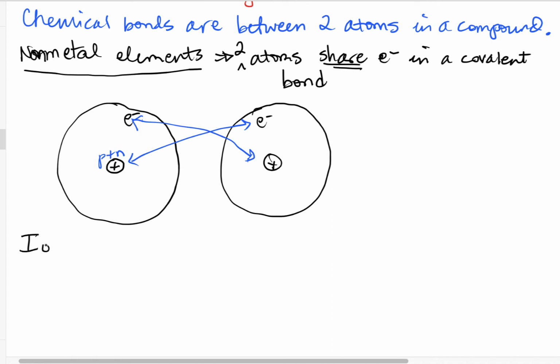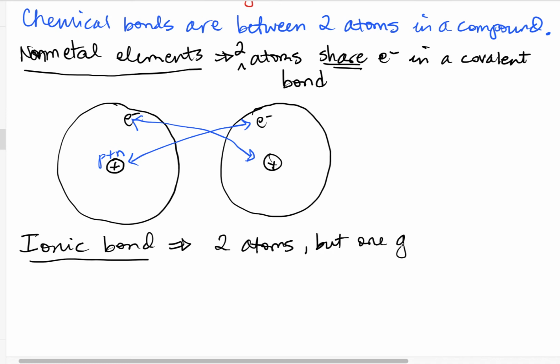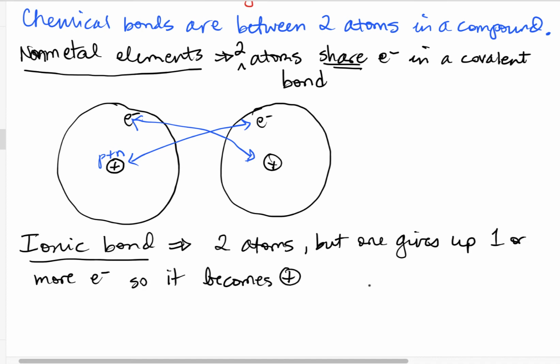For an ionic bond, we have two atoms that are involved again, but one gives up one or more electrons, so it becomes positively charged, and this is called a cation.